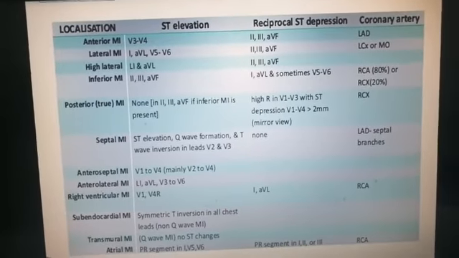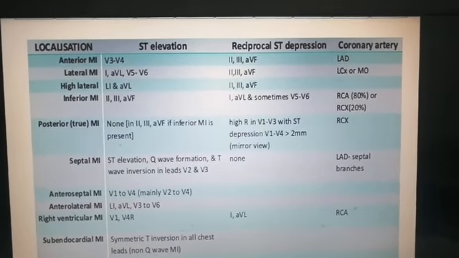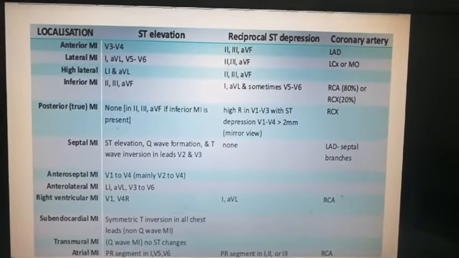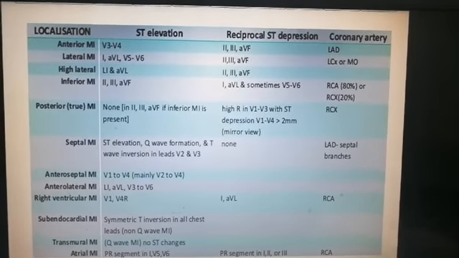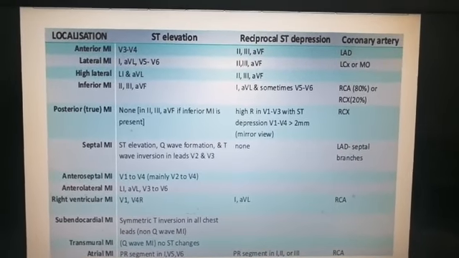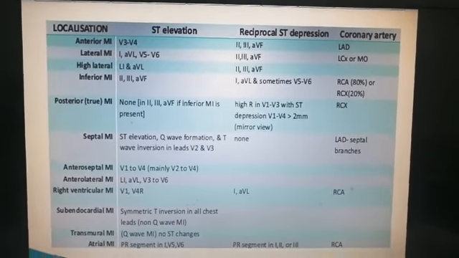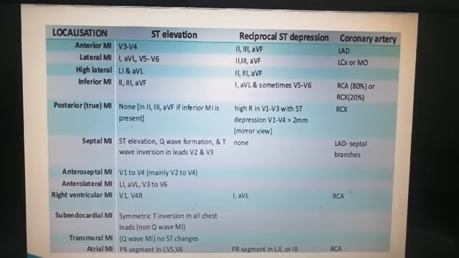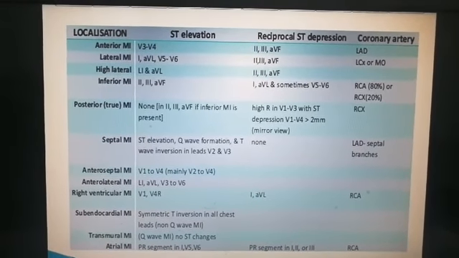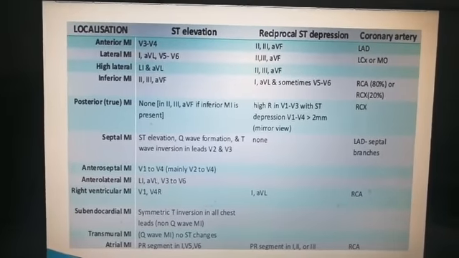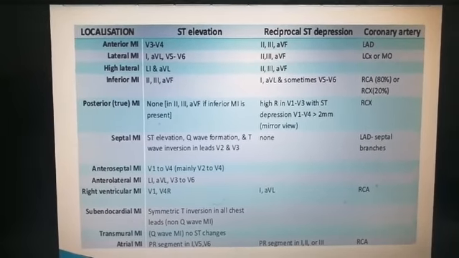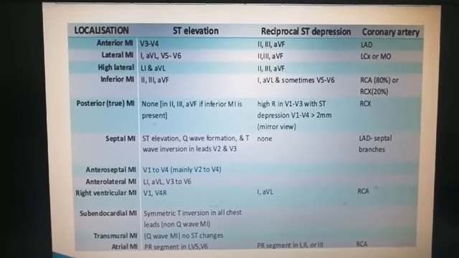And in reciprocal ST elevation, actually the reciprocal means that in a few leads there is ST elevation and in a few leads there is ST depression. The leads on the area in front of the infarct show ST elevation, while the area opposite to the infarct shows ST depression.